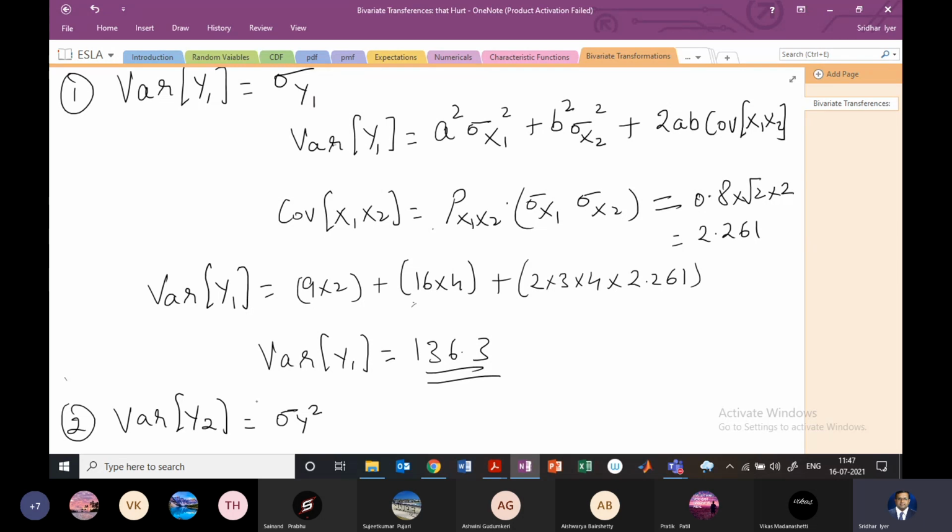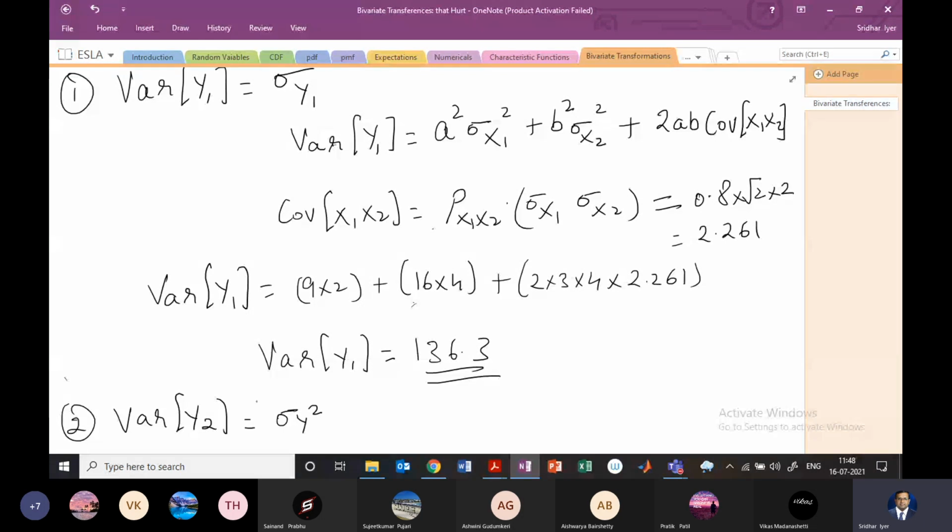So for the random variable y2, we'll have cx1 plus dx2. Therefore, the constant values of c and d must be used, right? I hope you're able to write that equation. Again, I'm not deriving it because we have derived this in the previous numerical.